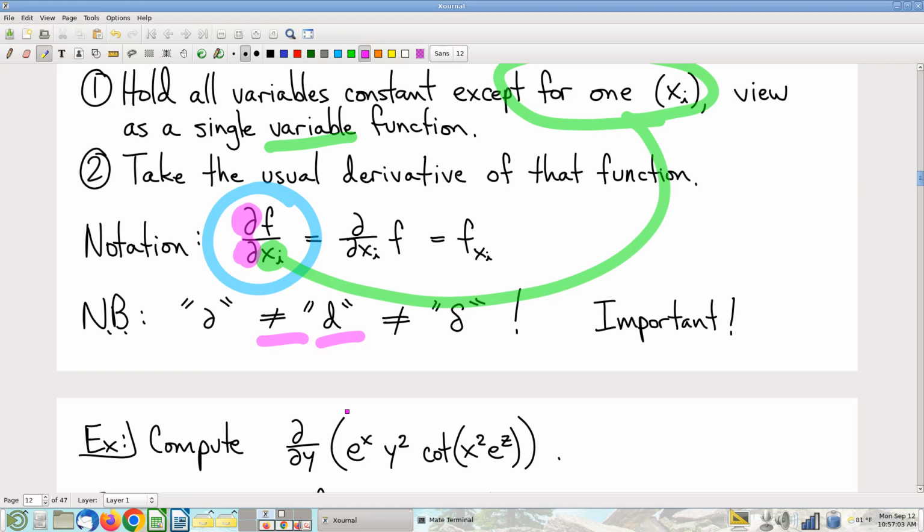And somebody came up with the idea of this, we call it the partial symbol. And very importantly, not D. Very importantly, not the lowercase Greek letter delta either. And you've got to be careful not to make either of those mistakes.